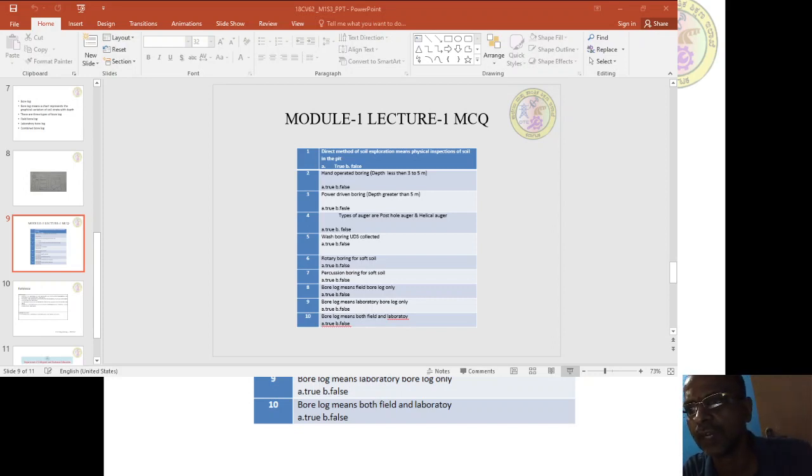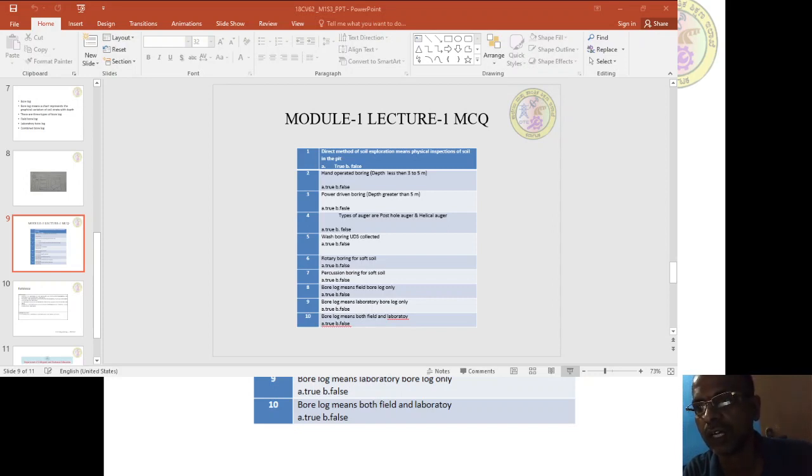Next, hand operated auger, the depth less than 3 to 5 meter. Option A is true, option B is false, it is true. Power driven boring, depth greater than 5 meter, answer A is true, it is true.